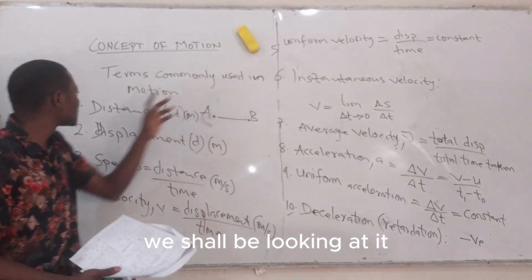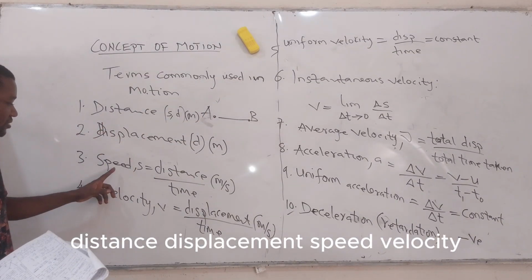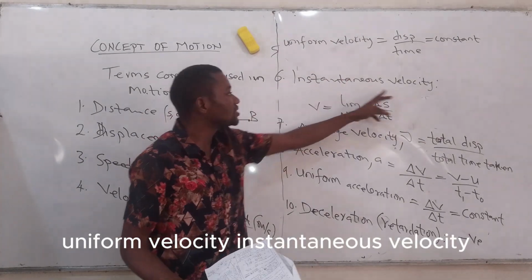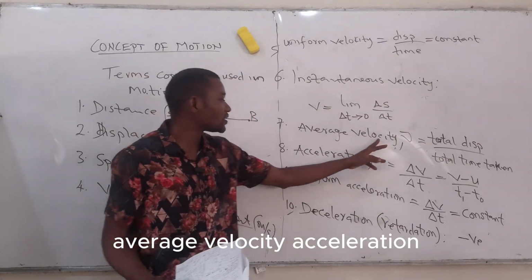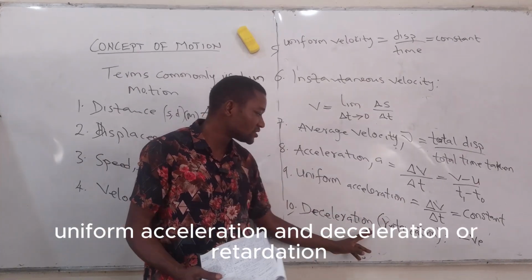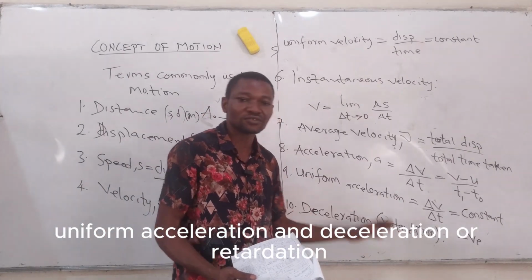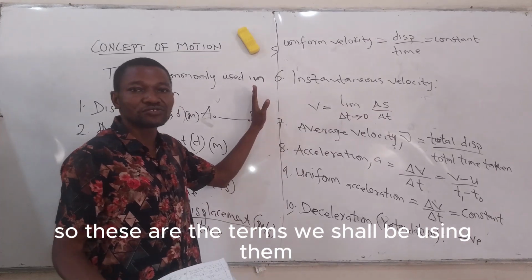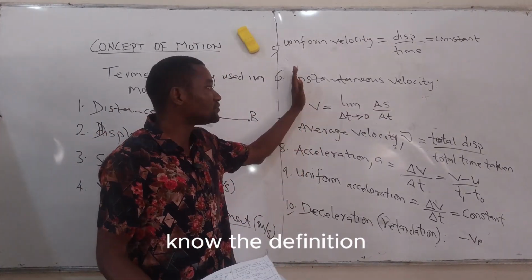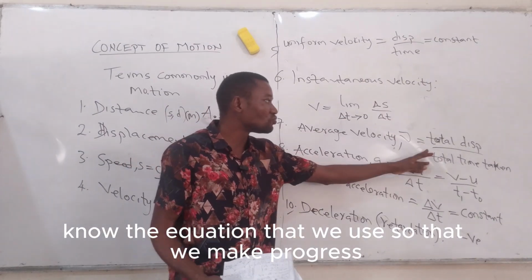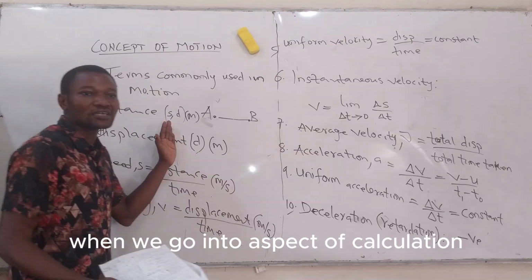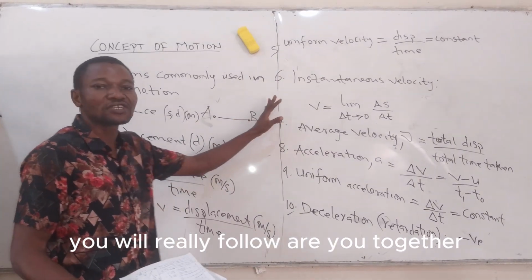We shall be looking at them: distance, displacement, speed, velocity, uniform velocity, instantaneous velocity, average velocity, acceleration, uniform acceleration, and deceleration or retardation. So these are the terms we shall be using, and it is good you are familiar with all of them, know the definitions, know the equations that we use, so that as we make progress, when we go into the aspect of calculation, it will really follow.